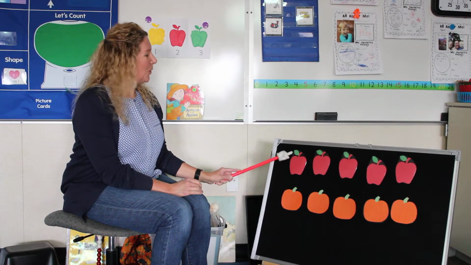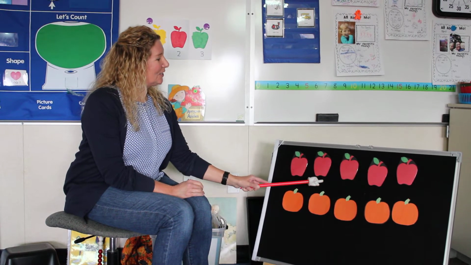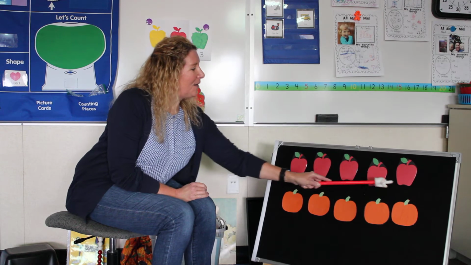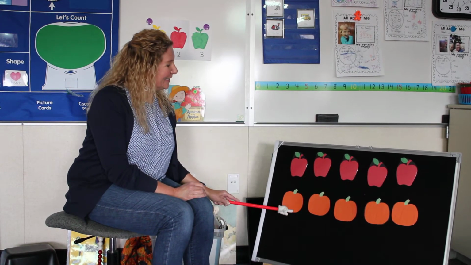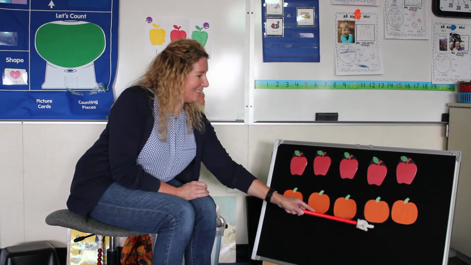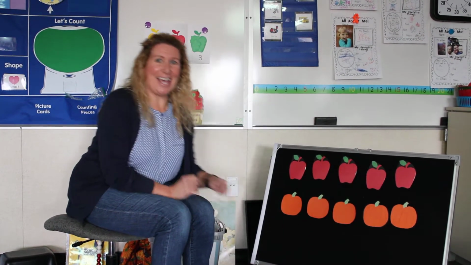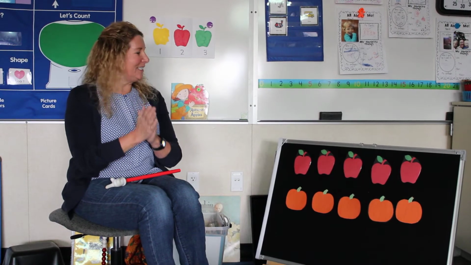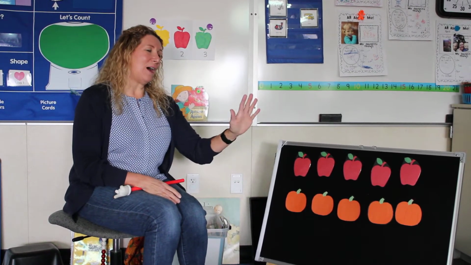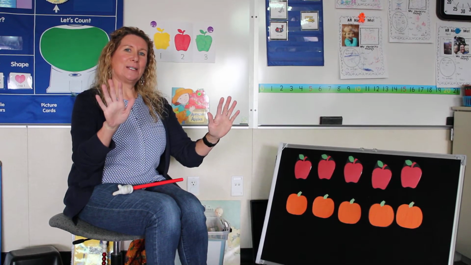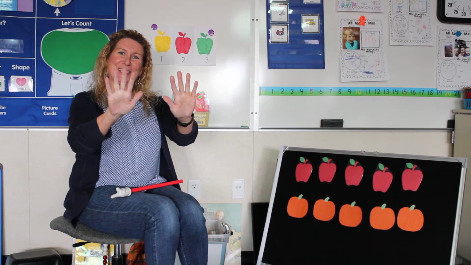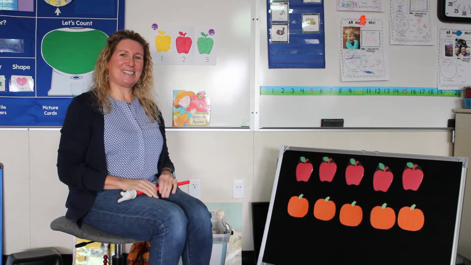Let's count. 1, 2, 3, 4, 5, 6, 7, 8, 9, 10. Wow, 10 all together. So 5 apples and 5 pumpkins makes 10. Show me 10, preschoolers. Great, nice job.